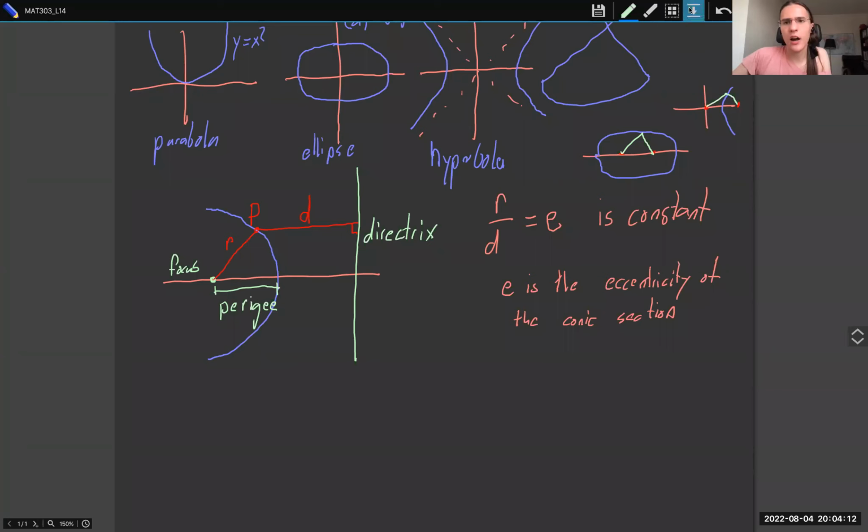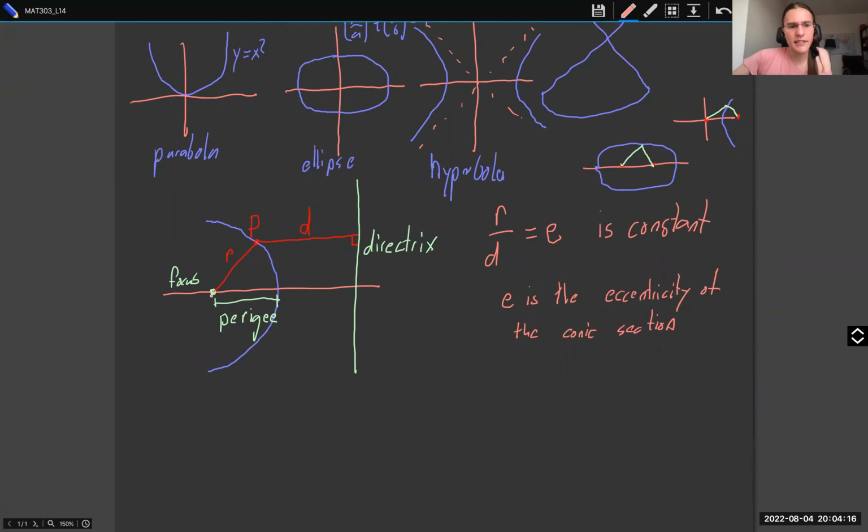So basically, what we have is we can take this focus and then we can drop a perpendicular upwards. And if this is an ellipse, well, it wouldn't be tangent. Let's call this point Q. And let's call this distance D1.